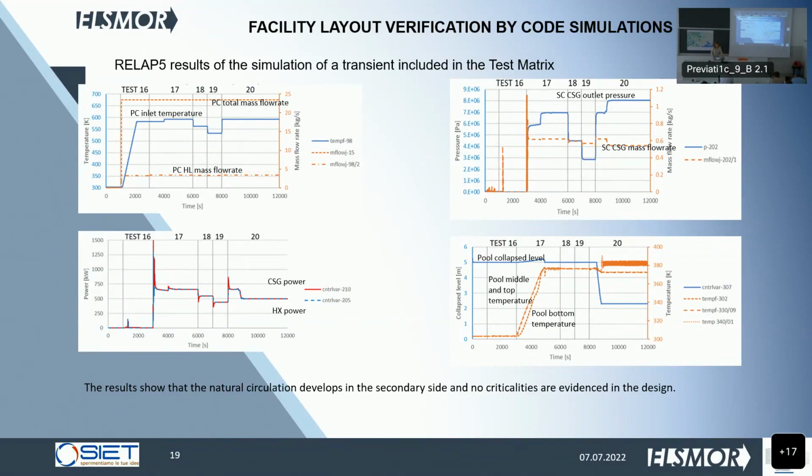But I think that both these aspects are fundamental for an experimental activity, because codes, even if they can make some mistakes or have some correlations that are not able to exactly reproduce the real physical phenomena, they give important information for the conduction of an experimental campaign. So thanks to ENEA for this simulation.